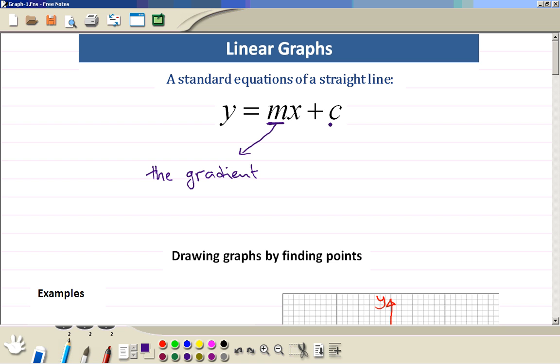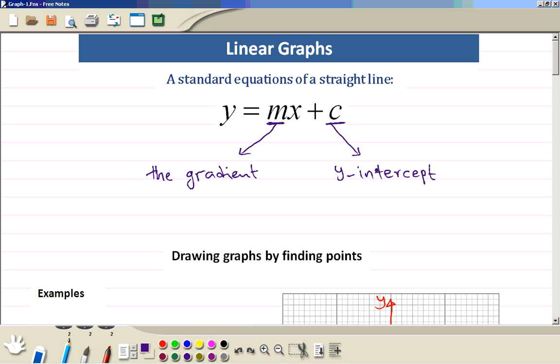Then plus or minus something to it, in this case c. This is the y-intercept. This is where the line crosses the y-axis, and at this point the value of x is 0.